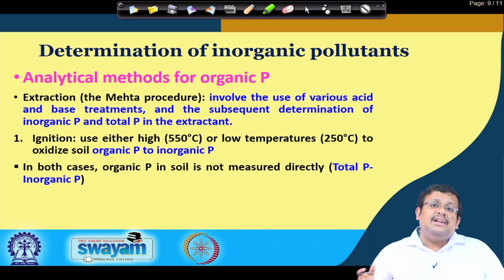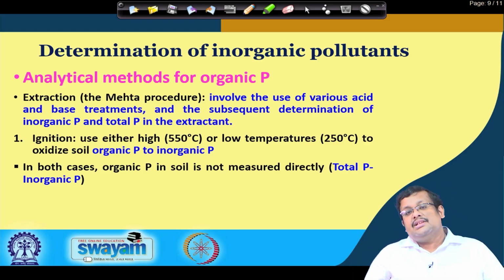In the third lecture, we will start with the determination of different salts, the methods of determination of different salts and other trace elements. We will discuss them in detail, and then we will discuss different organic pollutants and how to measure them in the subsequent lectures.